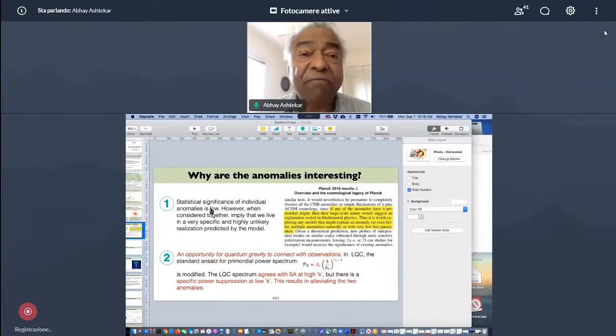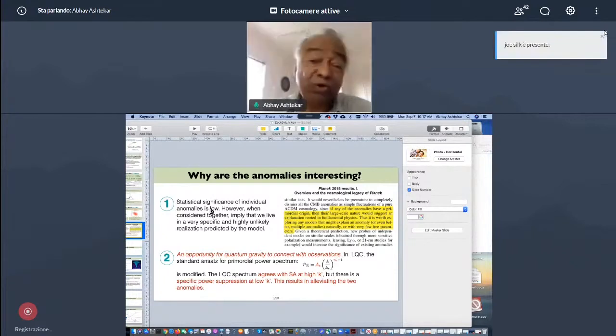If one finds that the given feature occurs in 1 in 1,000 realizations, that is typically considered all right. But if it becomes 1 in a million, then it's considered not to be good. Any one anomaly will be 1 in 1,000 realizations. But if you want a universe in which 2 anomalous features are realized, then the probability goes down significantly, and one finds such a universe only in 1 in a million realizations. And that is why the question arises: do we really live in such an exceptional universe?